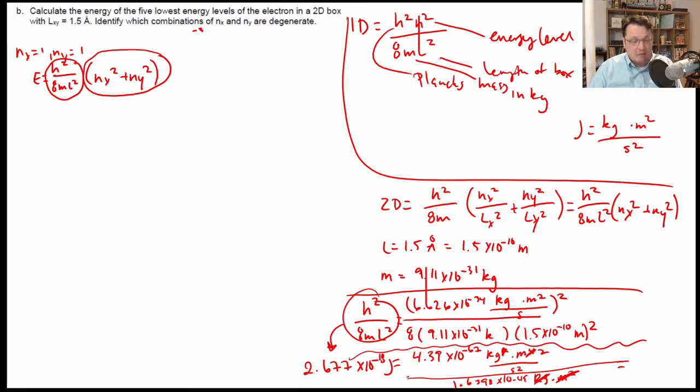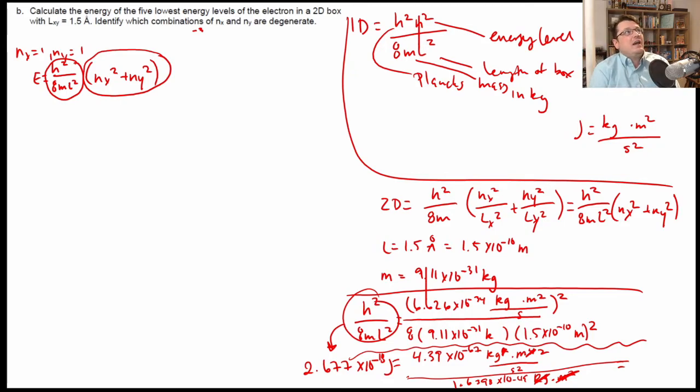To me, that seems like a reasonable number, because thinking back to the Rydberg equation, the Rydberg constant is 2.18 times 10 to the negative 18 joules. So it's in the same region. The mass is the same for both of them, since they're both for electrons.